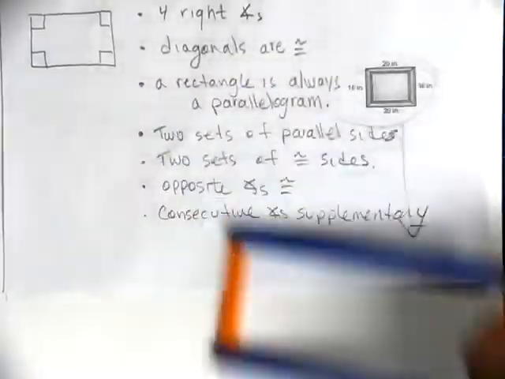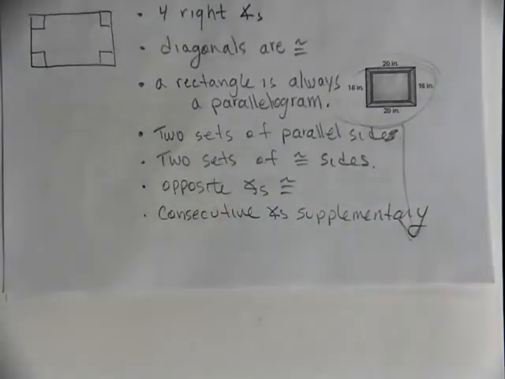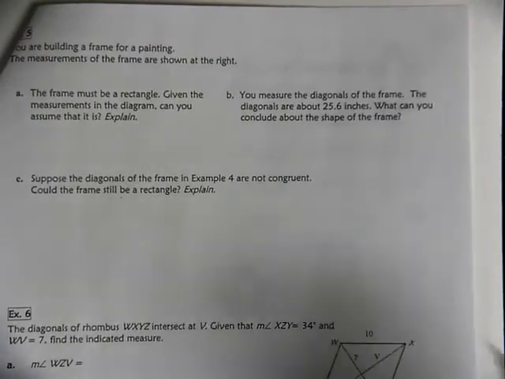We're talking about rectangles right now. So those would be true about a rectangle. Are there any that we missed? That's a pretty good list of them. Let's take a look over here.